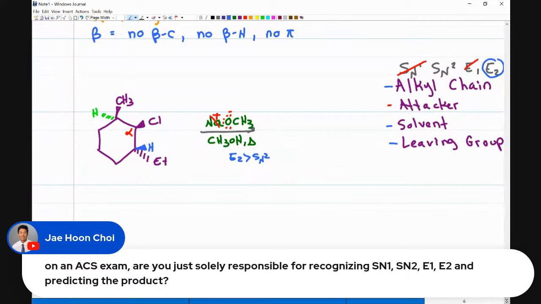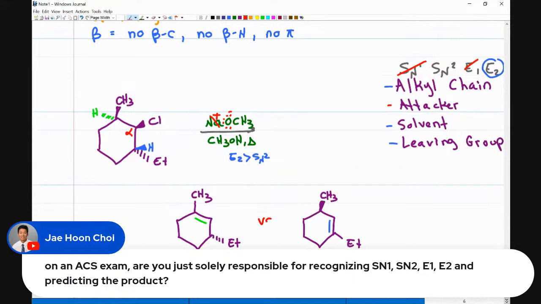The question is, is my E2 product going to be the one where I have a pi bond at the green hydrogen, right there, and then I have an ethyl group remaining here? Or is my product going to be eliminating the blue hydrogen, and so the methyl remains here, and that's my ethyl.